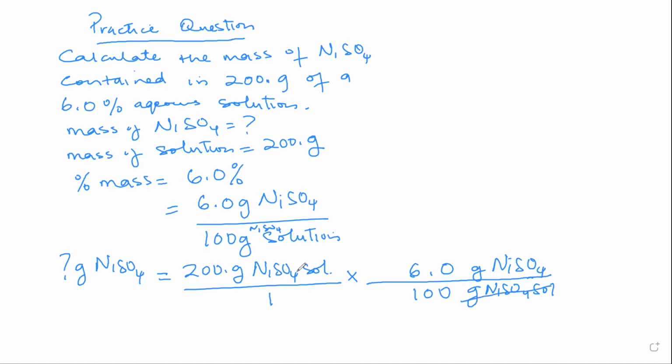This cross out, and this will be 12.0 grams nickel sulfate. That's a solid. That's it. Again, it doesn't matter the method you use. You can use the proportion method.